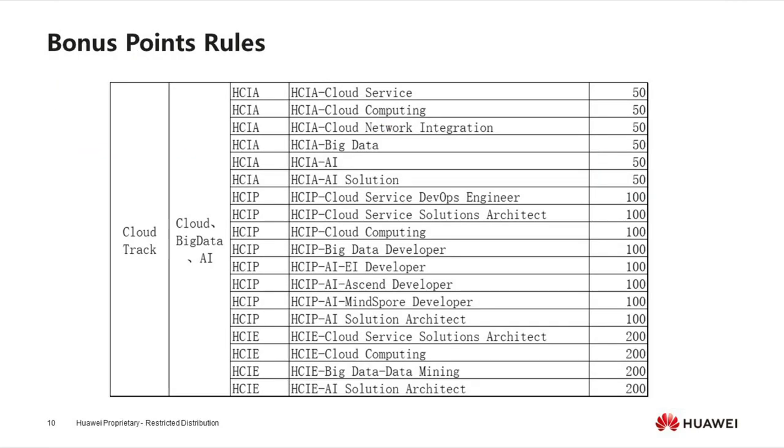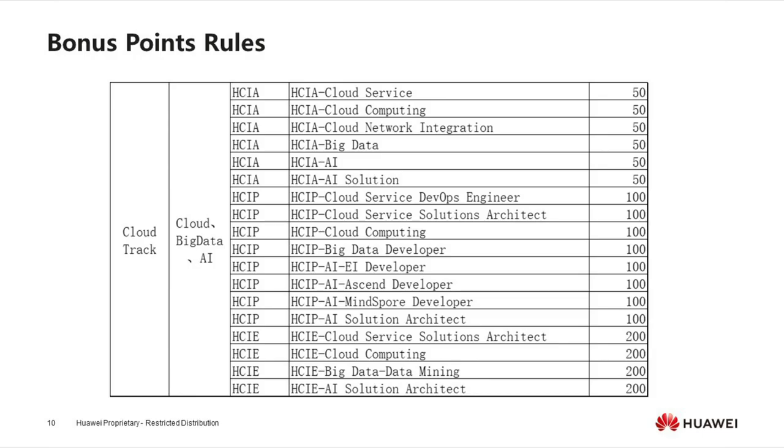Now, just now, some of you had the question about how to get extra points, right? This is a table showing how you can get bonus points from getting these certificates.